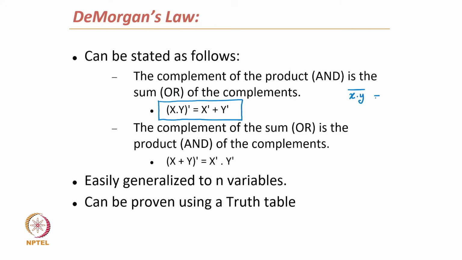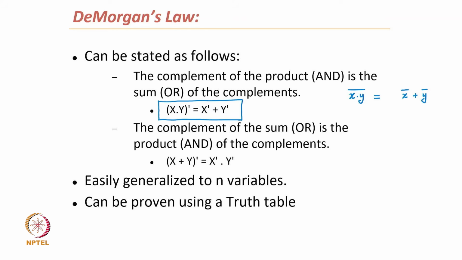This is equivalent to this: we break the bar onto the individual literals and change the sign in between. So dot becomes plus, the multiplication becomes plus, and the bar breaks onto the individual literals. So De Morgan's theorem says (x dot y) bar is equal to x bar plus y bar.